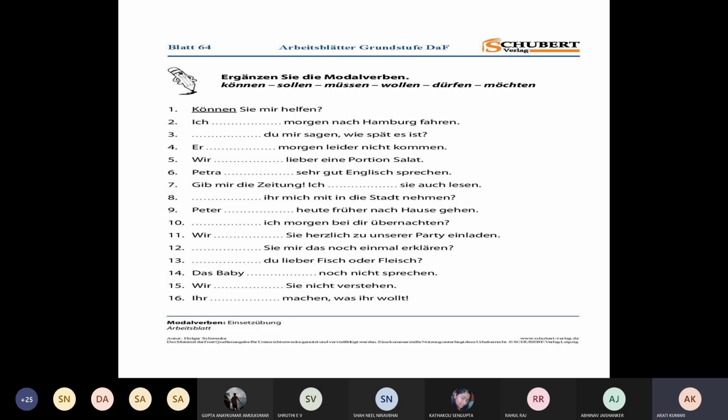Ich, morgen, nach, Hamburg, fahren. Maybe we can say müssen. I must travel to Hamburg tomorrow. So, ich muss morgen nach Hamburg fahren.